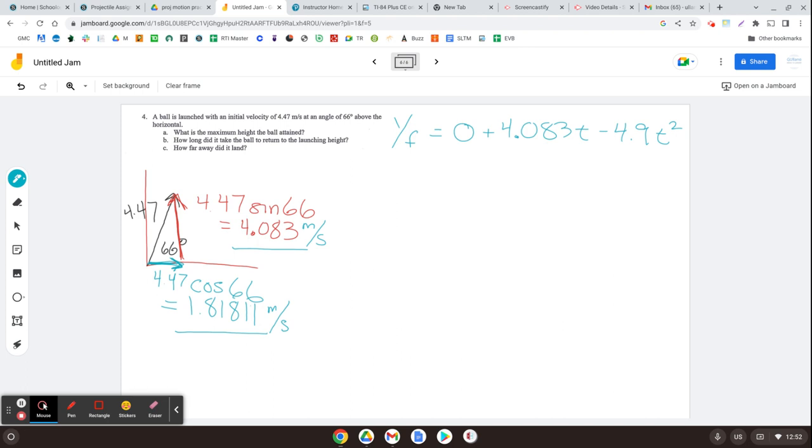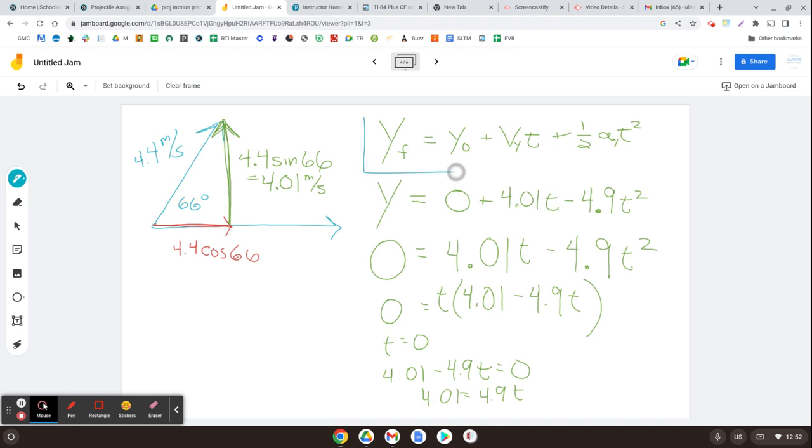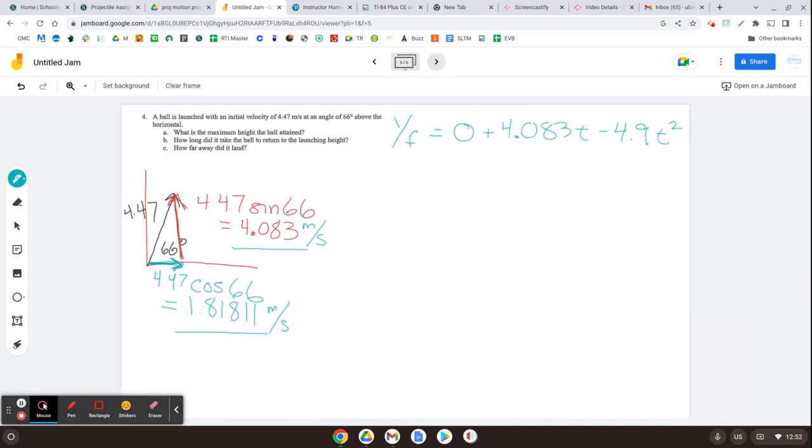Now, hopefully you've been doing the other one, but if you don't know where that came from, it came from this. I've started every problem by writing that down. Okay? So, what do they want? Well, what I need to know is how long it takes for that thing to return back to the ground.